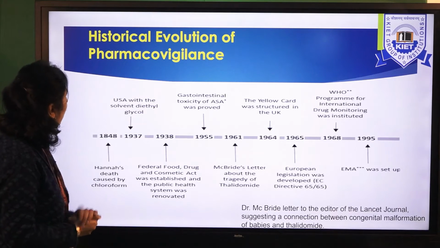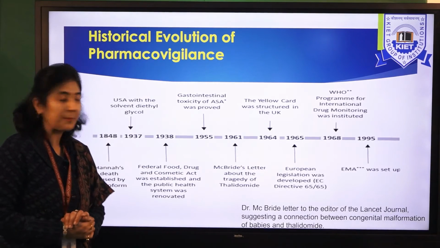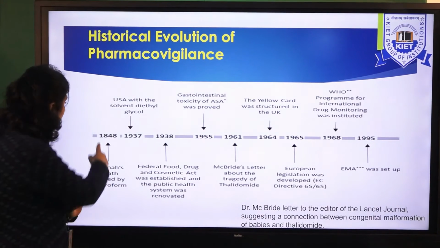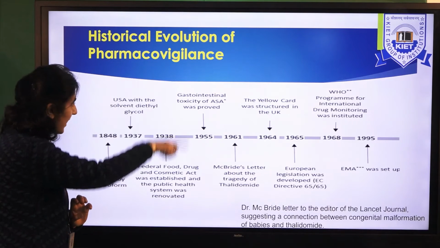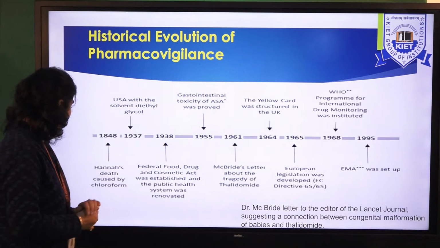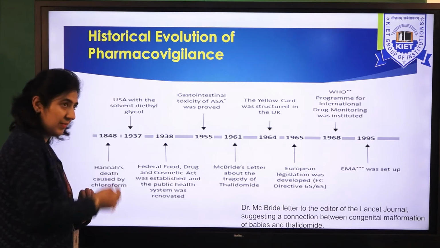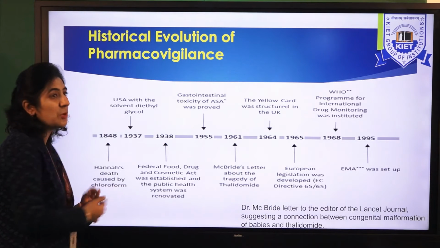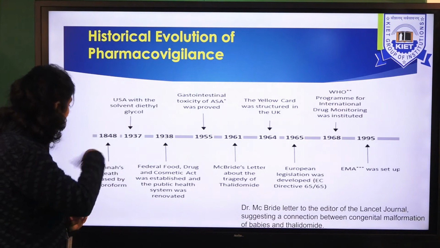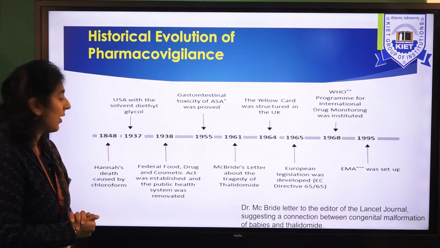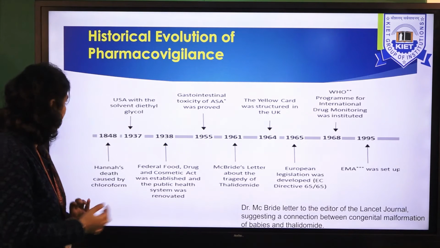So let's see the historical evolution of pharmacovigilance. Okay, it started in 1848. We'll be doing this all in detail. A girl called Hannah died because of consuming chloroform. She was given chloroform while she had to undergo a toenail operation.